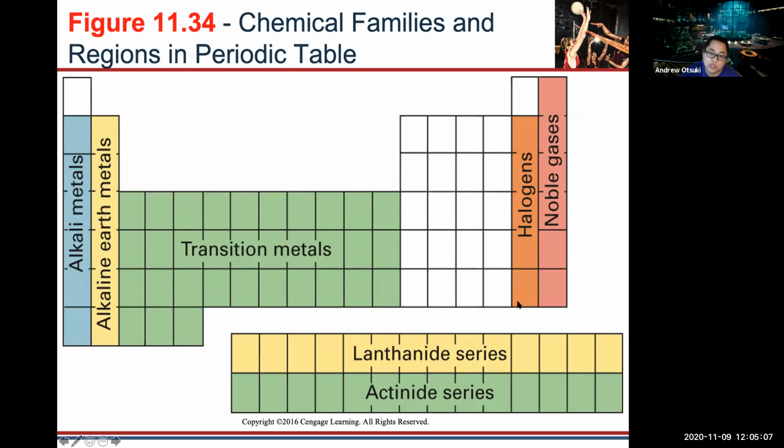Right here are the halogens. Halogens have similar reactivity. And then noble gases. Remember, noble gases have a filled octet, so they're very happy elements, and they usually do not combine with anything. You usually see helium gas, neon, and argon. They really don't form compounds. They are just single-atom elements. In nature they don't combine with anything; they're seen purely as their element.